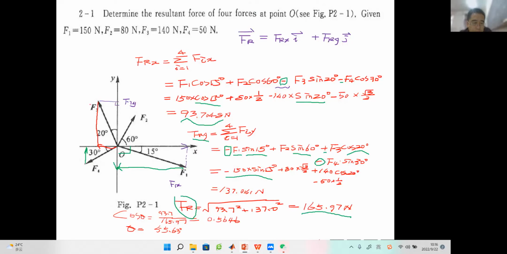When we project it onto the x-axis, its magnitude should be F4 times cosine 30, but its direction is also along the negative direction of x, so we should give a minus sign here. Can you understand me?